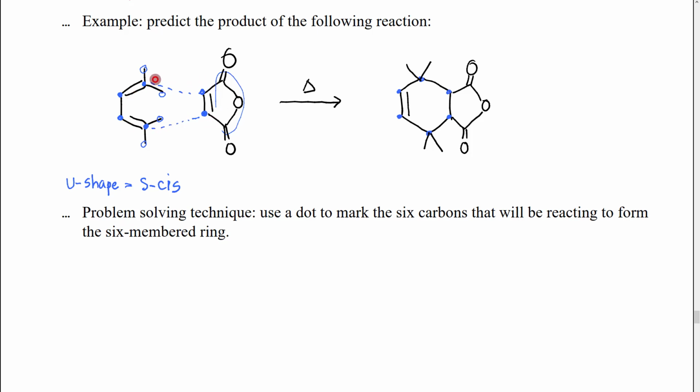And then I find the dot on the end of the diene, I draw a dotted line to one of the dots on the dienophile. I find the dot on the opposite end of the diene, I draw a dotted line to there. Those are going to be the new bonds. So you can see these 2 groups are going to be substituents attached on the carbon that was on the end that now has a new bond. We also move the double bond into that space.